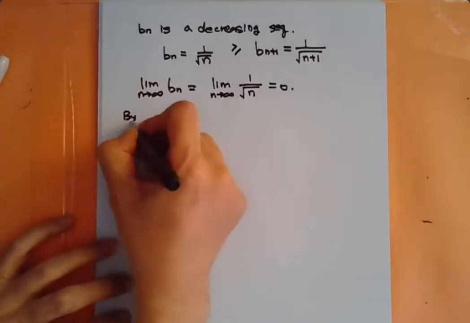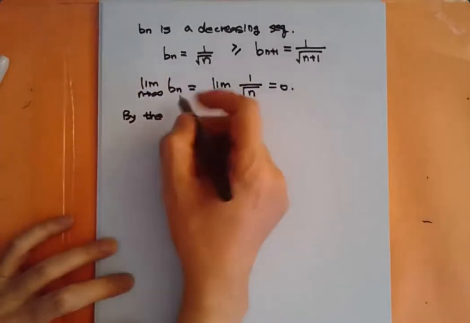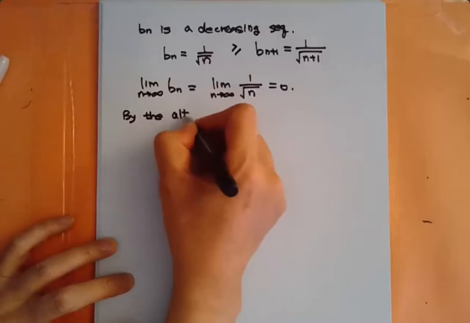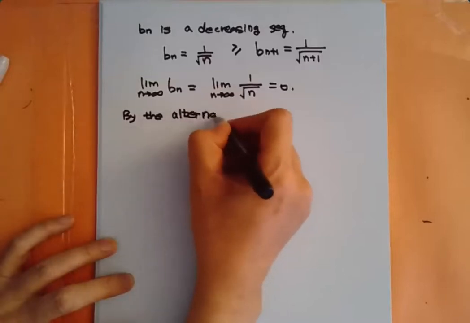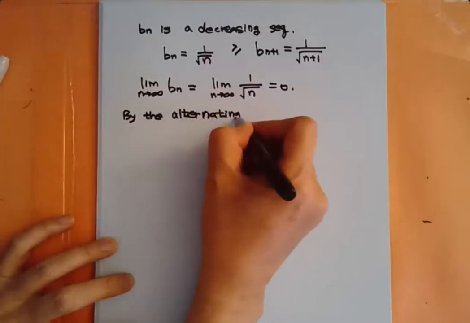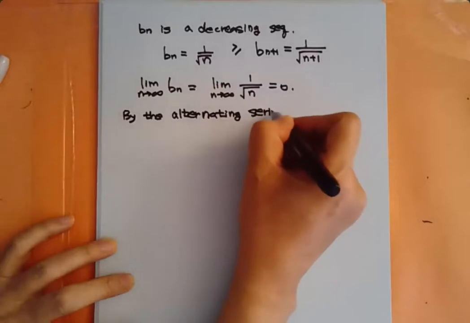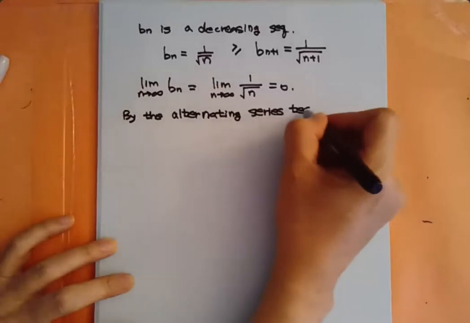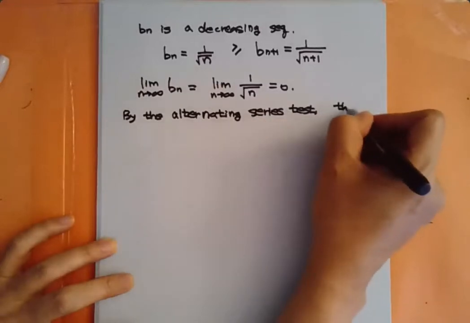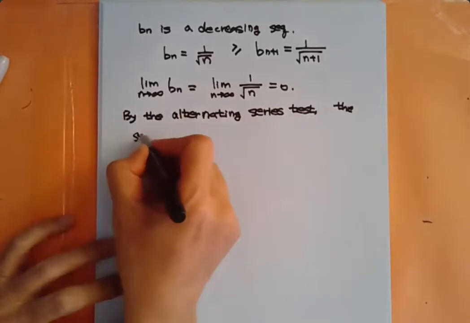So by the alternating series test, the series converges.